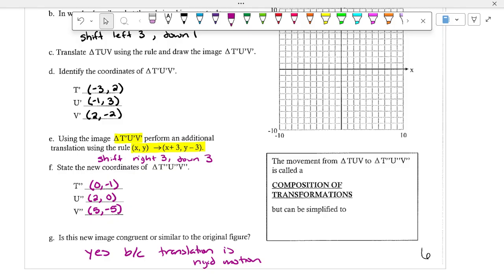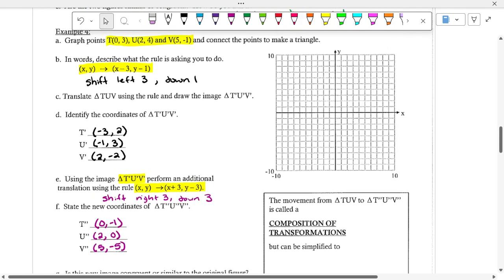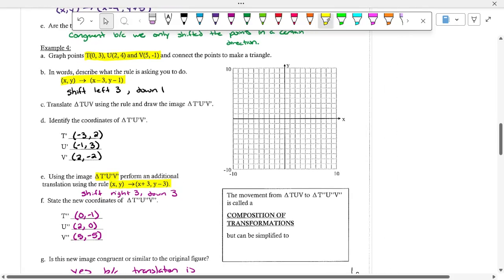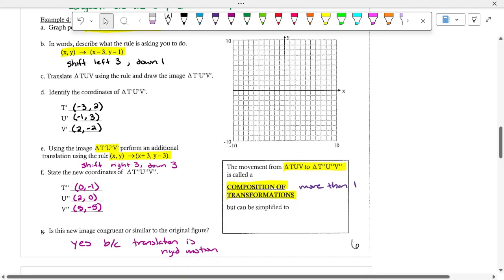Now, the fact that we did 2 different transformations to get from TUV to TUV double prime is known as a composition of transformations, which just means more than one. But what could I simplify that to?